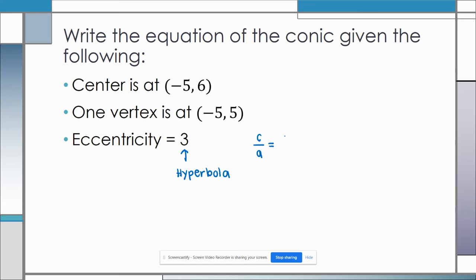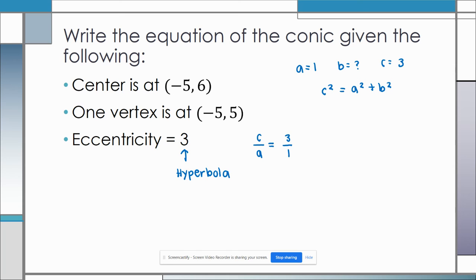All right, so remember, it's going to be that c divided by a is going to equal that eccentricity. I'm going to write it as 3 over 1. Okay, so hopefully we're then very aware that the 3 is our c value and a is actually 1. So a is 1. We don't know what b is. I know that c is 3. And so if I know 2 out of those 3 variables, I know that c squared equals a squared plus b squared.